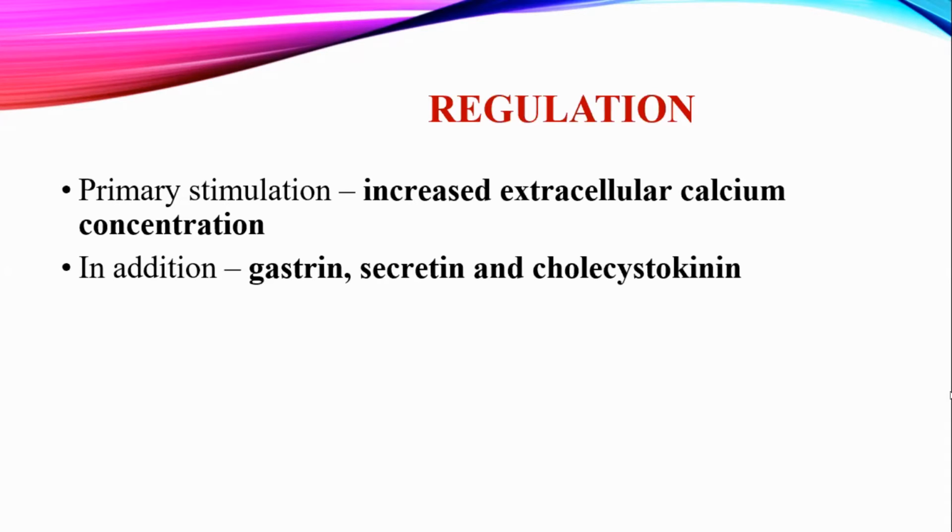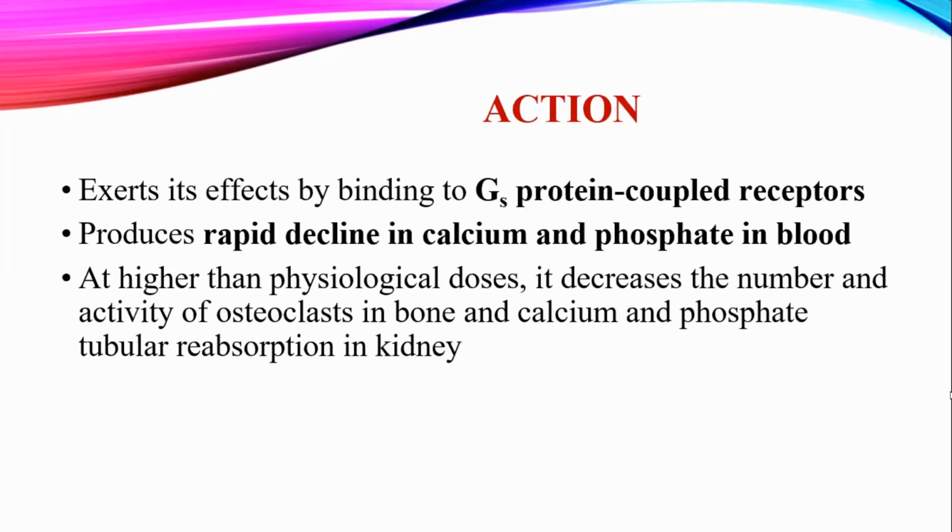The significance of this stimulation is that it prevents hypercalcemia even when we consume a high calcium diet. The actions of calcitonin are similar to parathyroid hormone: it shows its effects on the cell by stimulating G-stimulatory protein coupled reactions.